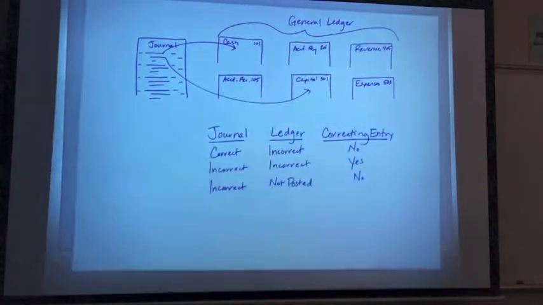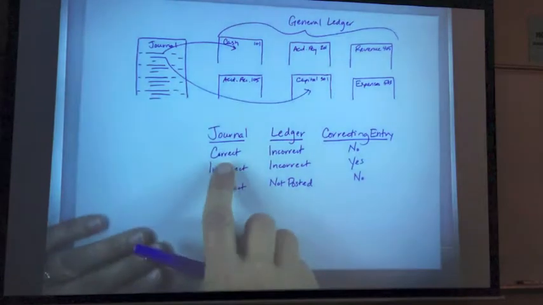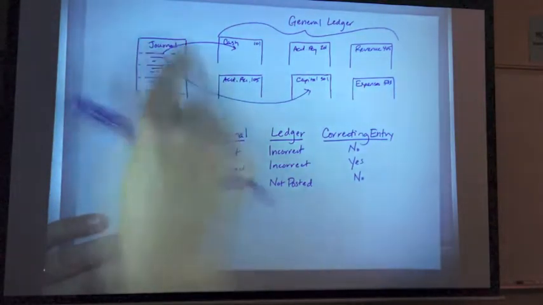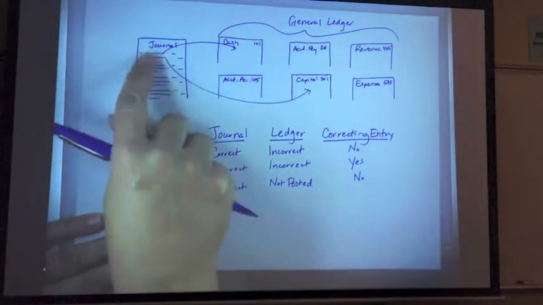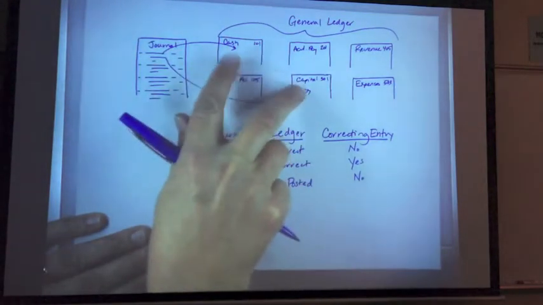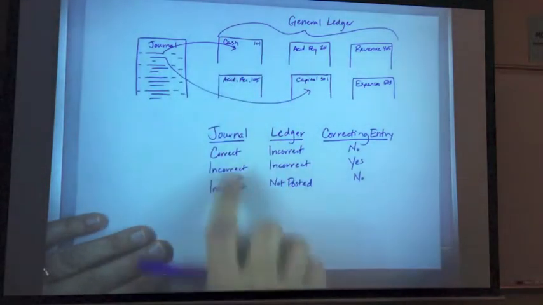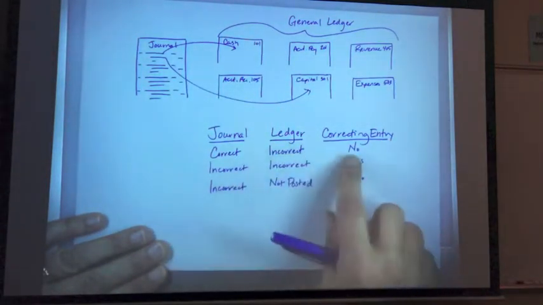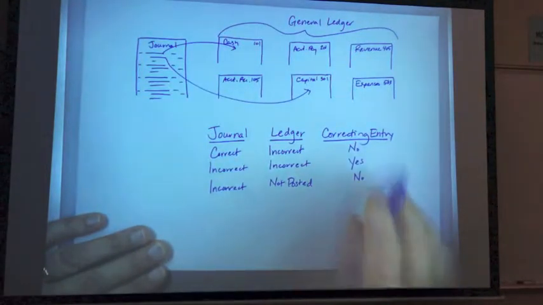If you find that everything is correct in the journal, but when you posted it to the ledger, you made an error somewhere in the ledger, it's incorrect over there. You do not need a correcting entry. You can just draw a straight line through it and fix it.